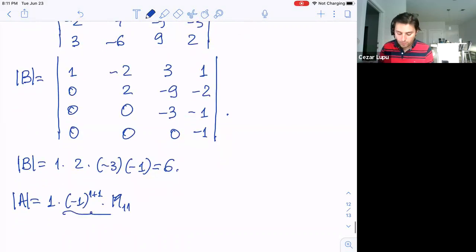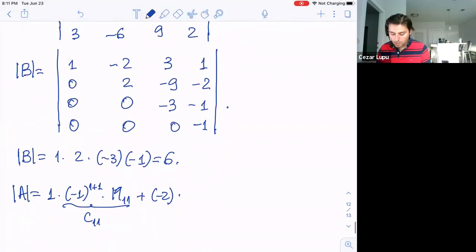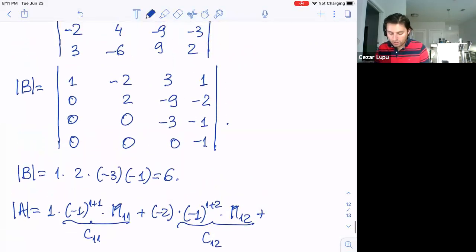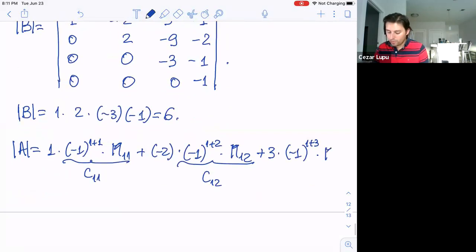This is just the cofactor C11. Plus negative 2 times negative 1 to the power 1 plus 2 times M12. Again, this is C12, the second cofactor. Plus, now let's look at the third one. So it will be 3 times negative 1 to the power 1 plus 3 times M13.